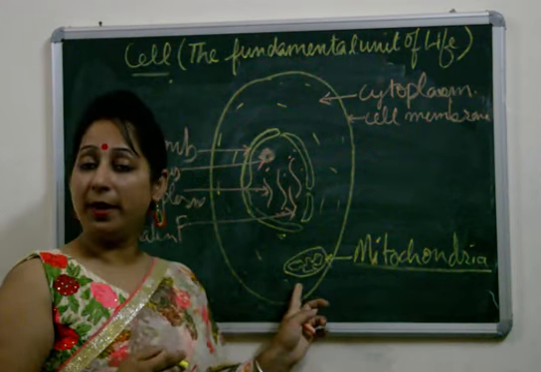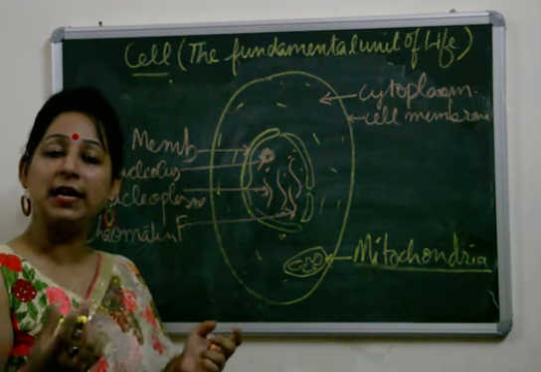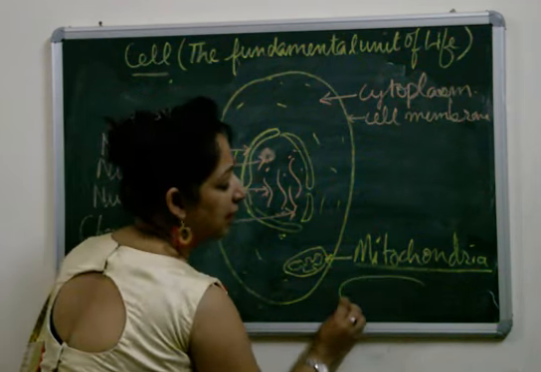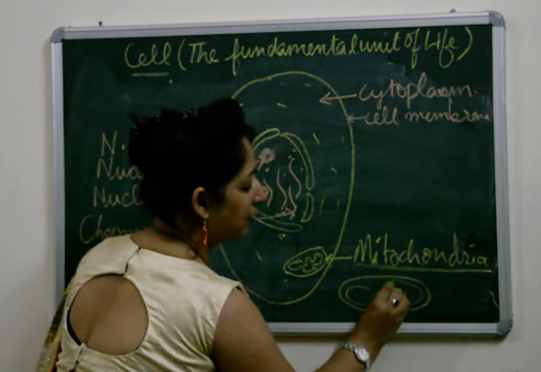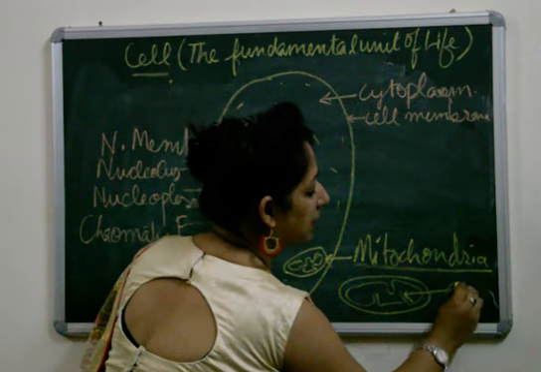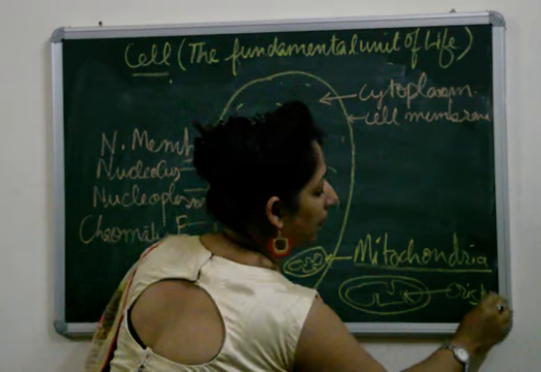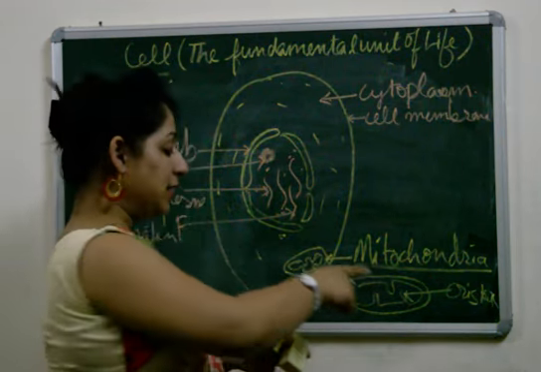It is also double membraned, and the inner wall of mitochondria is folded into finger-like projections just like this. It is the outer membrane and the inner membrane. It has these finger-like processes in the center, which are known as cristae. These cristae, why are these folded?